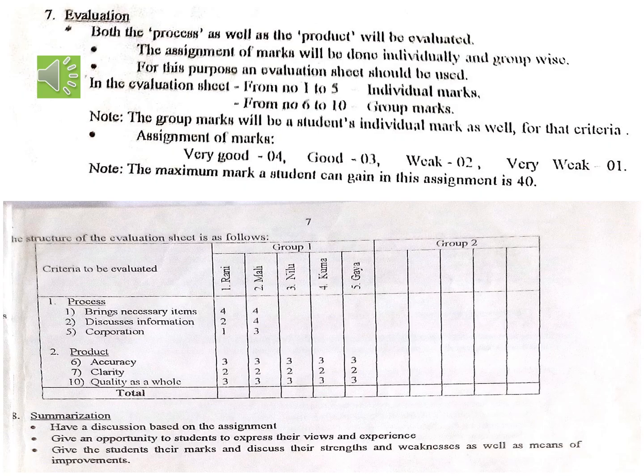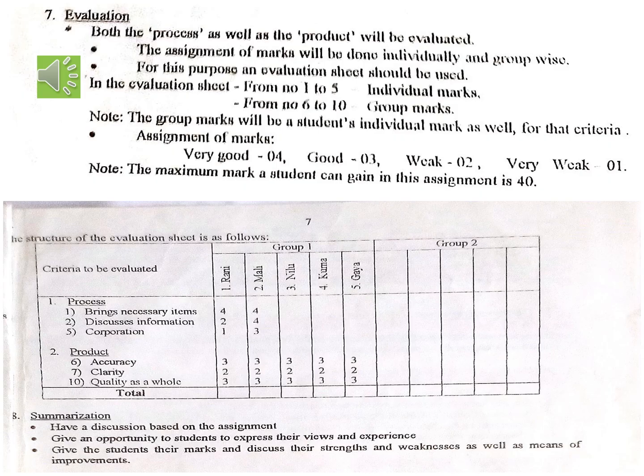So what's the product there? The child study report and also the presentation. So 2 products, both were assessed. So in the assignment, both the process as well as the product should be evaluated. The assignment of marks will be done individually and group wise. This is important, right? So individually also you'll have to assess.